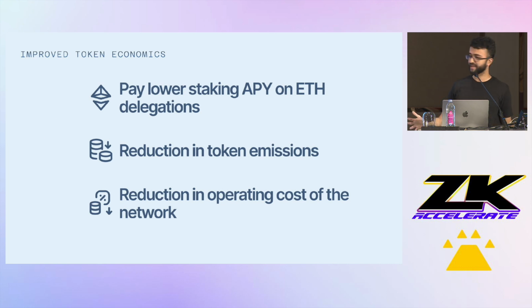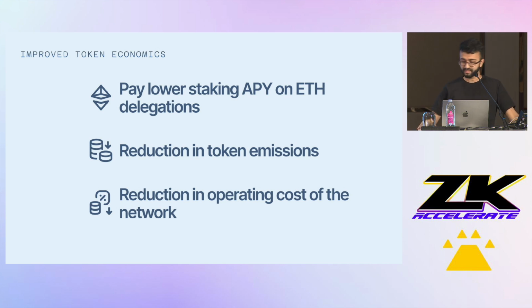Since Ethereum is a slightly more premium asset, you can actually get away with paying a lower amount of token emissions. Ethereum as a premium asset expects a lower yield as compared to, let's say, if you were running your own chain where you're actually staking your native token to provide security to your chain. And this token can basically fluctuate over time. As a result, the validators will essentially demand a much higher yield because your token is quite volatile.